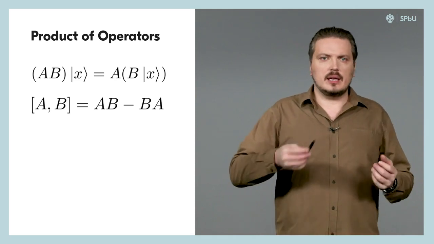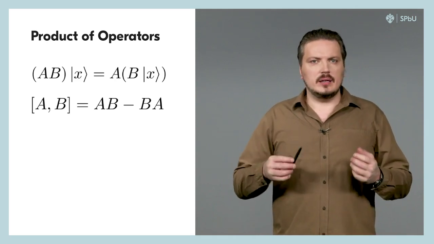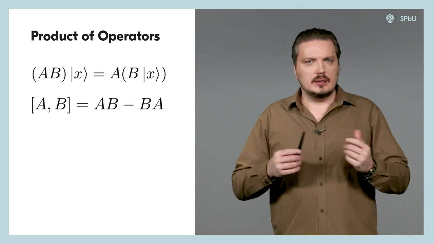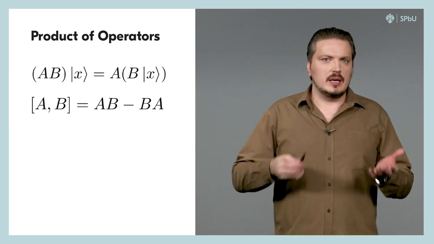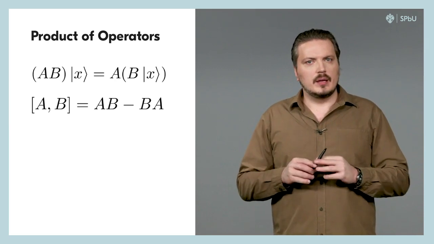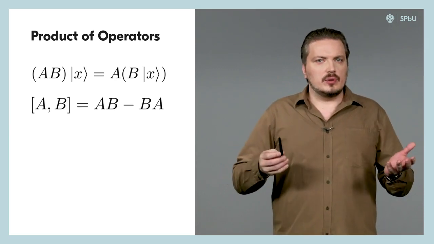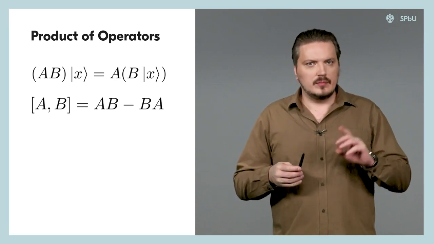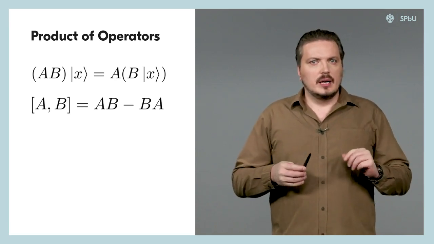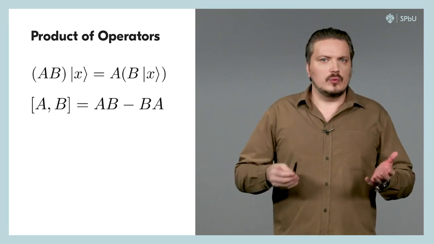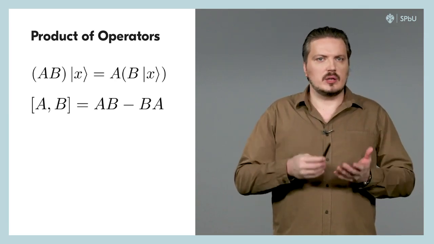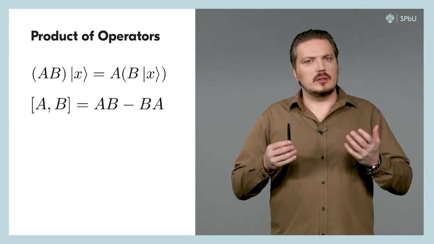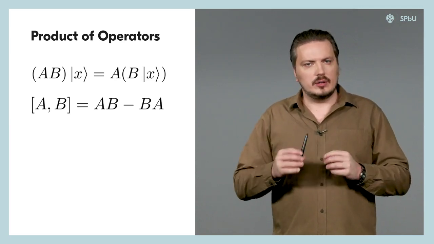If it happens that AB equals BA, then this expression is just a zero operator. And it means that operators A and B commute. And from the physical point of view, these operators may represent observables. We'll talk about this later. And it is very important to know whether some pair of observables commute or not. So this commutator is a simple yet very powerful and useful thing.